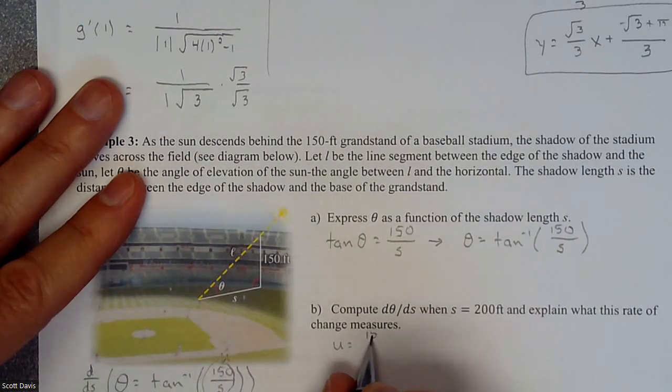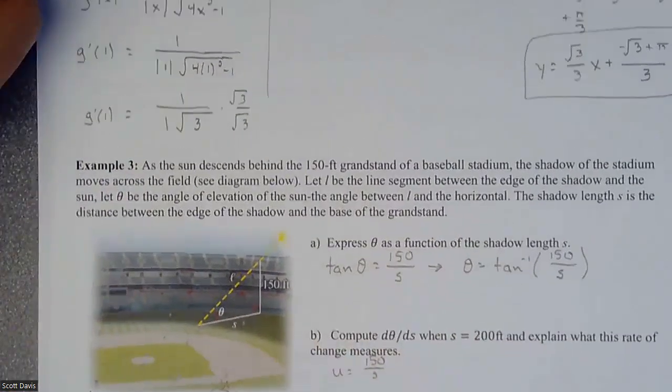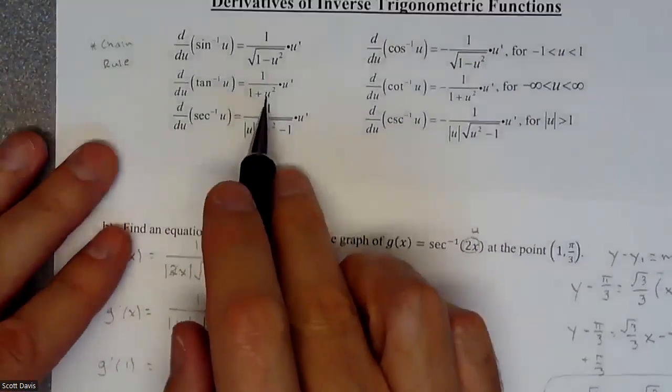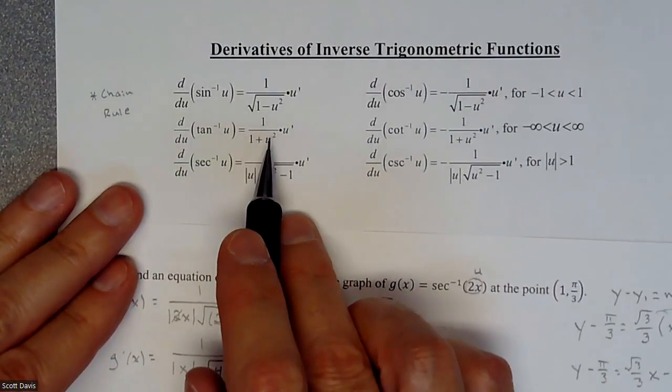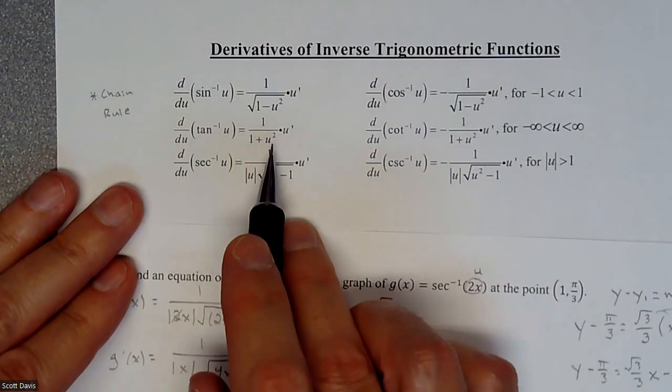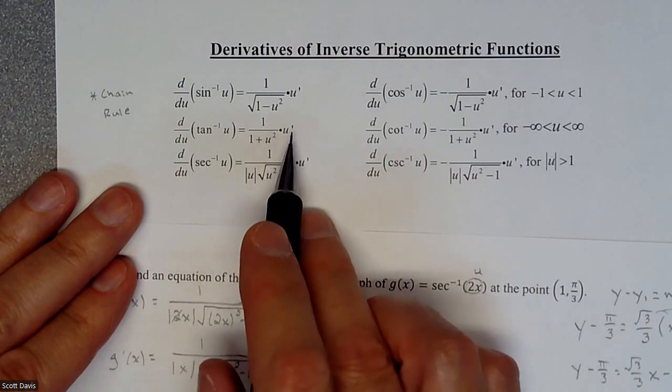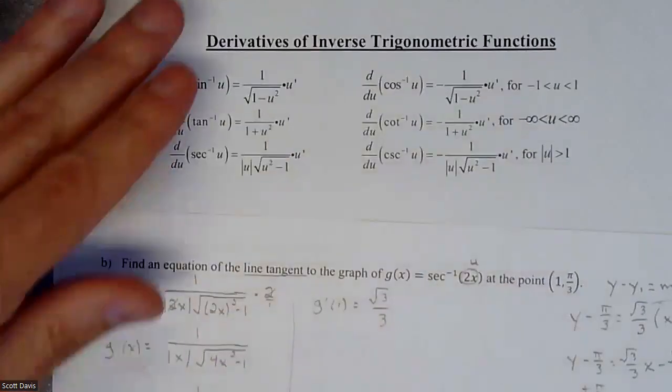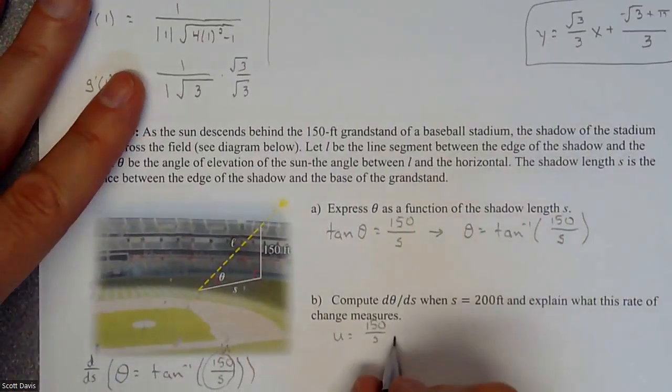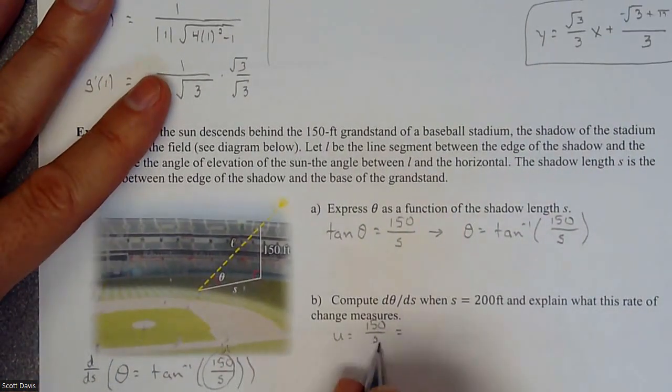So 150 over S. And there's a chain rule applied to it. So when we do this formula, we're going to be subbing out U with our 150 over S, and then we're going to square it, but we're also going to be multiplying it by the derivative of that U. So we may want to rewrite this, because the way I have it right now, it's going to be a quotient rule.